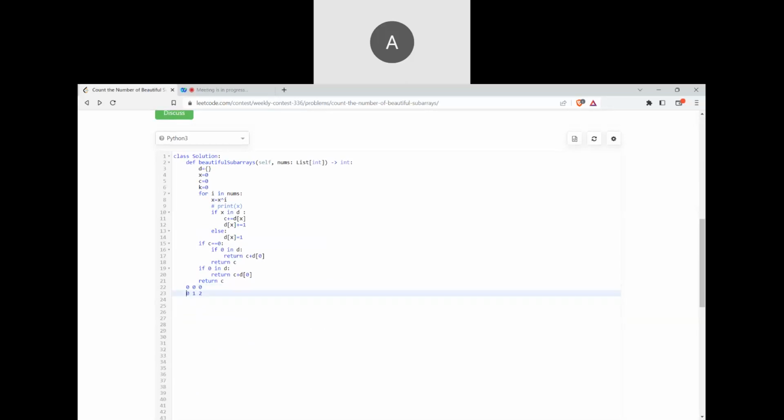So the beautiful subarrays that can be formed will be of either index 0, or index 1, or 2, or 0 and 1, or 1 and 2, or 0, 1, and 2.